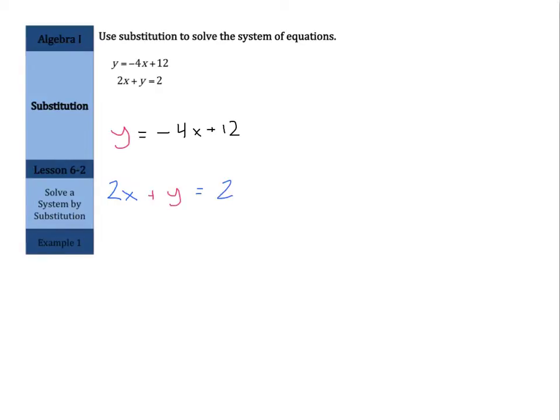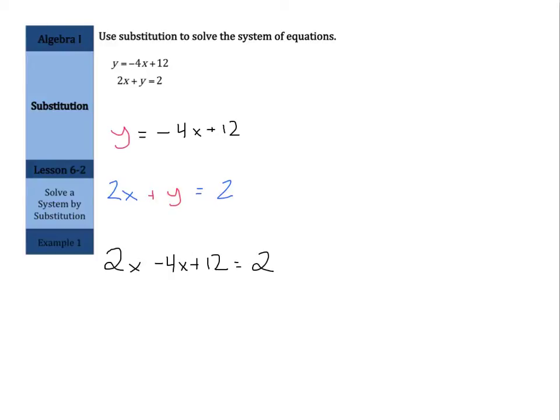What we're going to do in this substitution method is to take this negative 4x plus 12, which is y, and plug it in for this y. Why do we do that? Well, if you were to do that, we have 2x, and then again, bring down the negative 4x plus 12. We're going to substitute that in for this y equals 2.